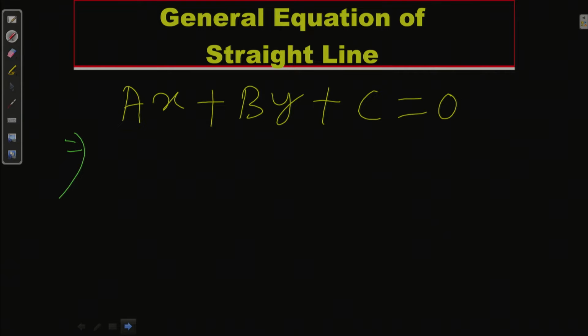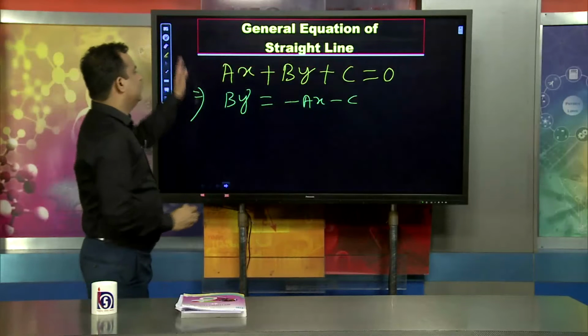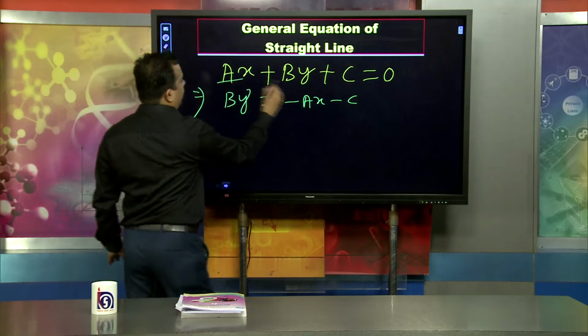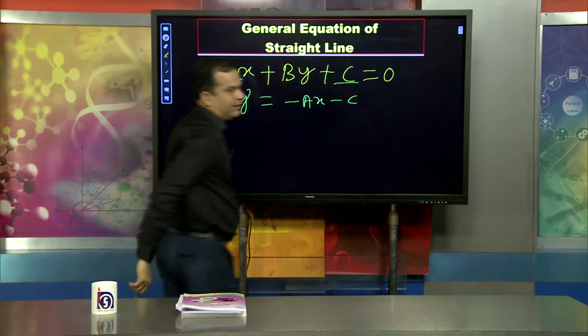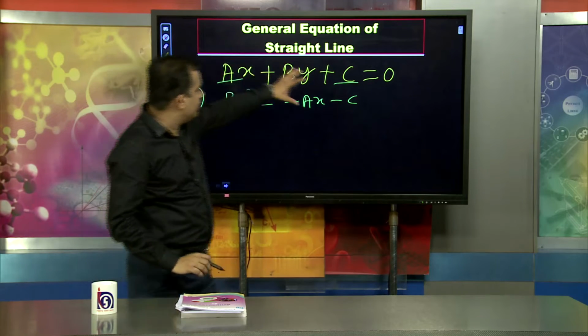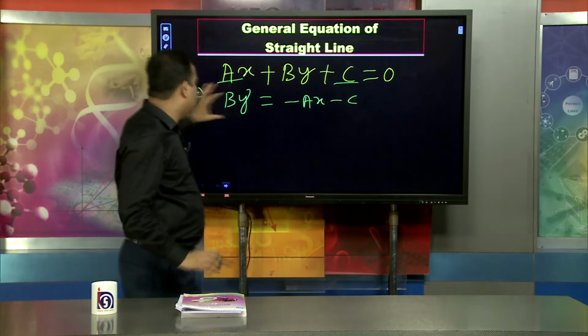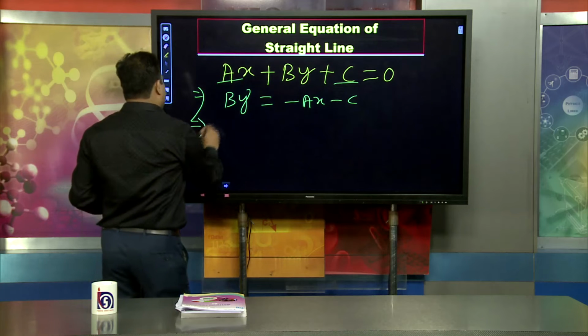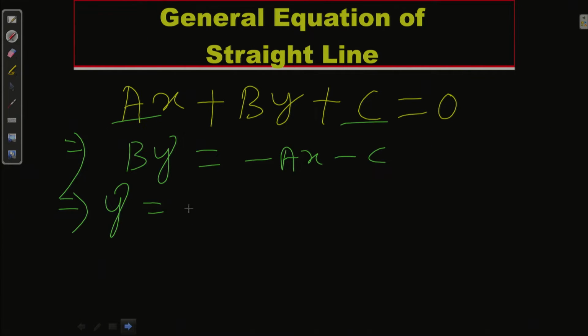By equal to minus Ax minus C, because I just transferred Ax and C to the right-hand side. It was positive, now it is negative. Now what will be the value of y? The value of y will be minus a by b x minus c by b.